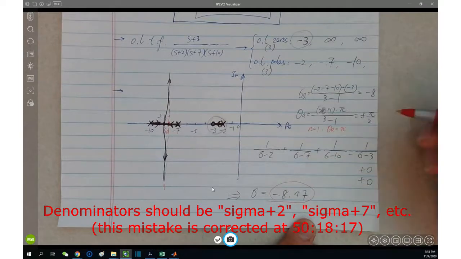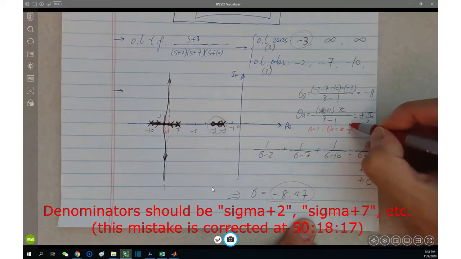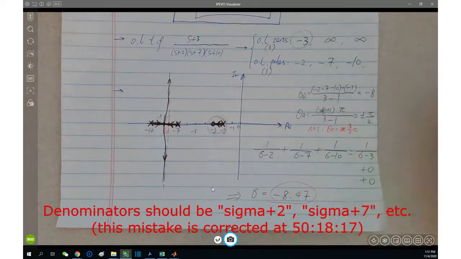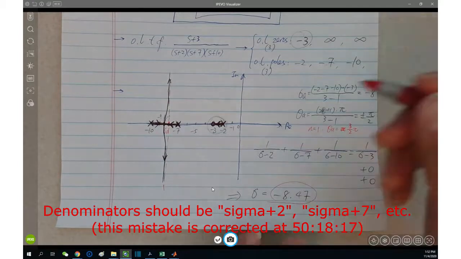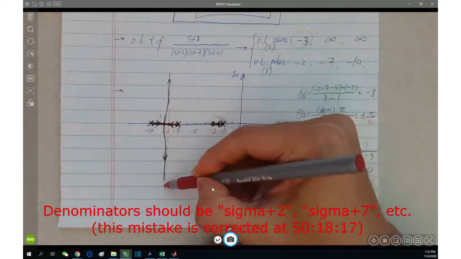No, this is 3 pi over 2. Where is 3 pi over 2? 270 degrees, correct. Does it make sense?